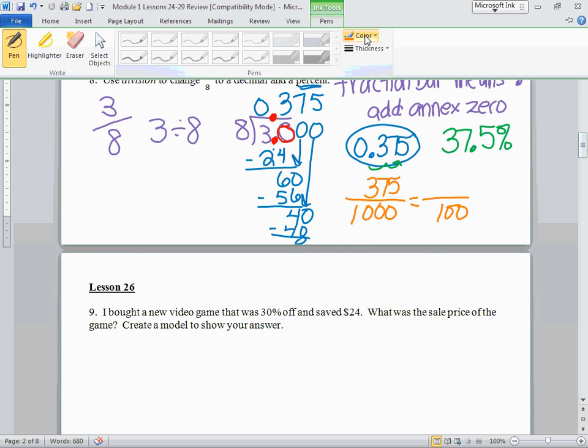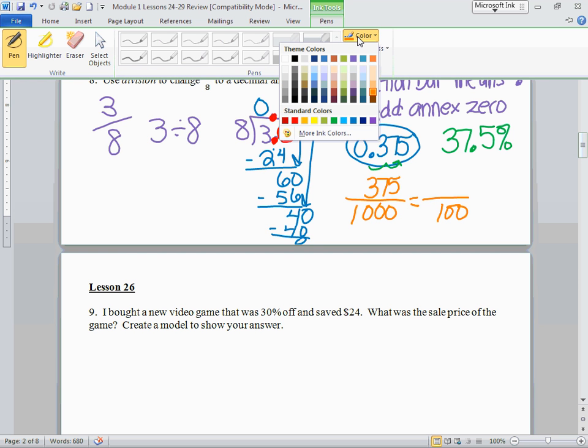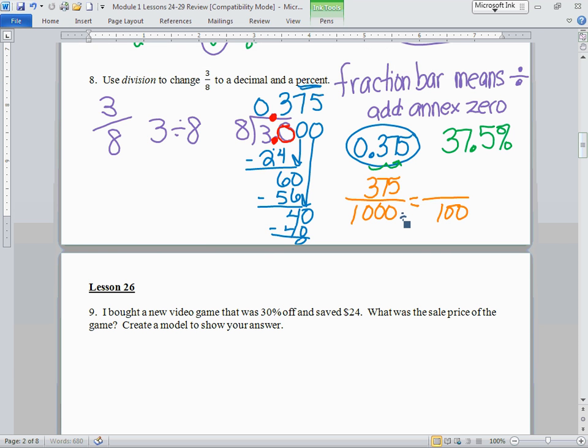So what I'm going to have to do is reduce it, and I can reduce it by dividing by 10, divide by 10. So that gives me 37.5, which is 37.5%. And that's the same answer that we got there. So you can use either strategy on the test tomorrow, making it into a percent. Okay?